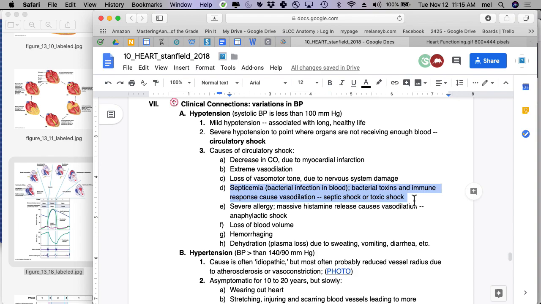Or septicemia or toxemia, when you actually get a bacterial infection that goes systemic, causing release of vasodilators that are usually local, but you release so many of the vasodilators that they cause systemic vasodilation, right? And you go into septic shock or toxic shock. And of course, most of the women have heard of toxic shock because if you were educated properly with the use of tampons, you know that the vaginal canal is not sterile, right?